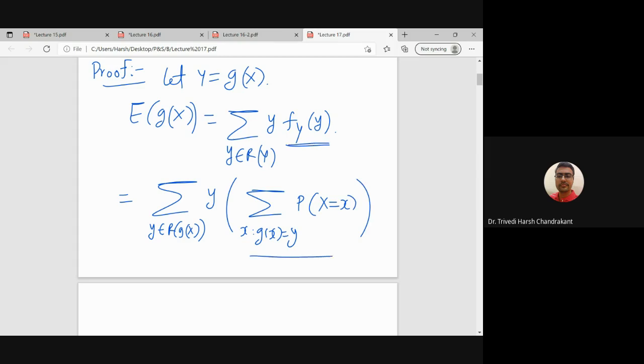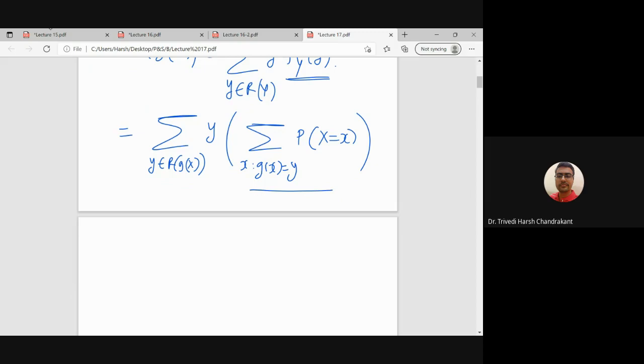And what are all the possible values of y? We started with the summation over y. Y is each value of the range of capital Y of the g of x function, but each value of g of x comes from x. Right? So if we add all the possible values y in the range of Y, we have all the pre-images for each value.